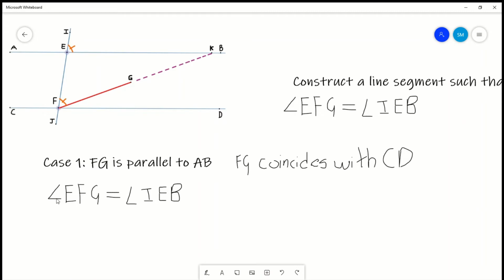As we know that angle EFG equals angle IEB, we can say that angle IEB has to equal angle EFD.